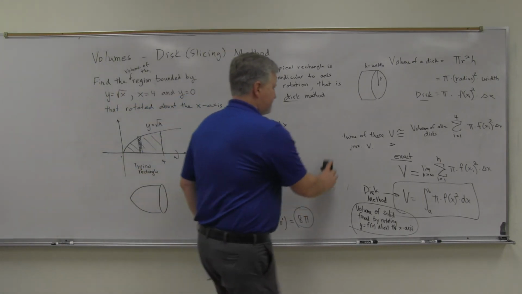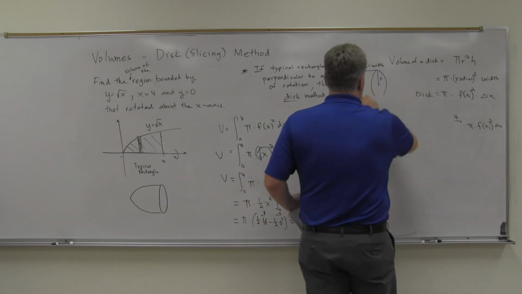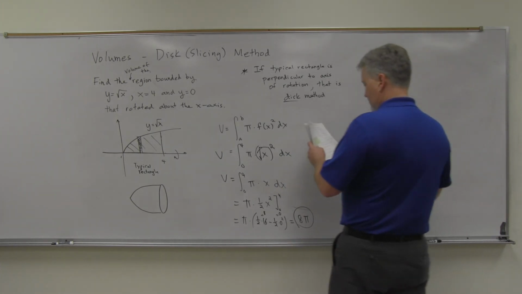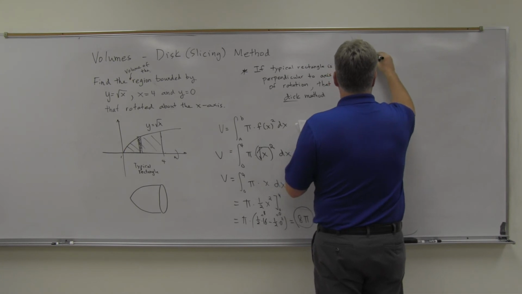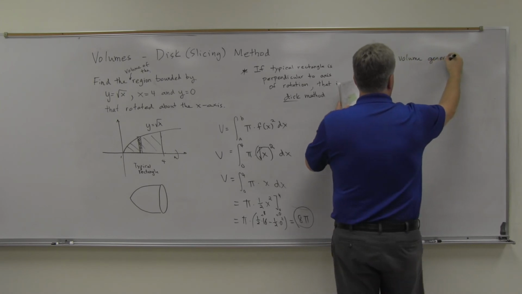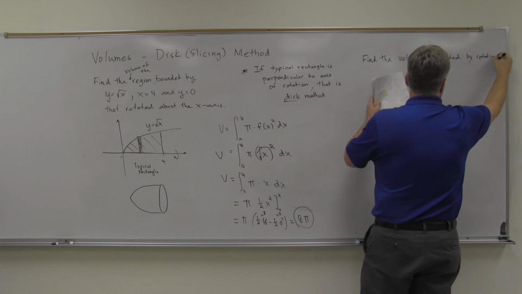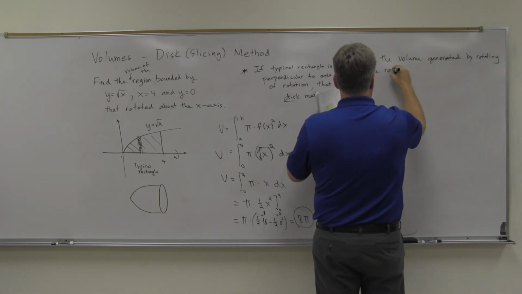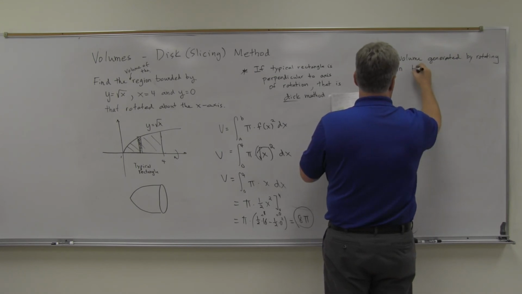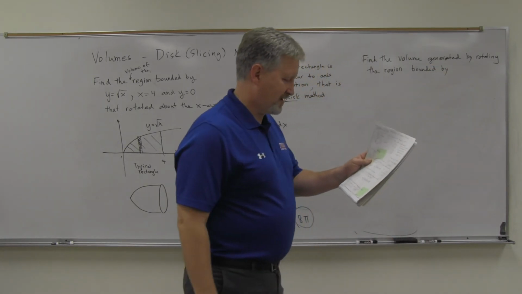All right, just a couple of others here. So let's find the volume generated by rotating the region bounded by, so these questions are a little wordy, the statement of the problems.